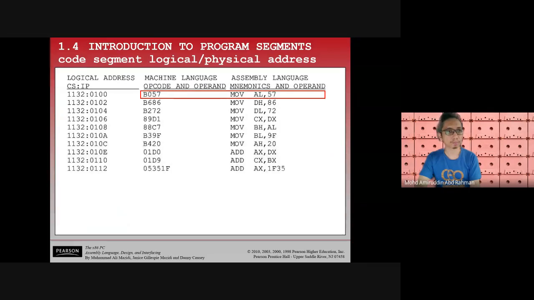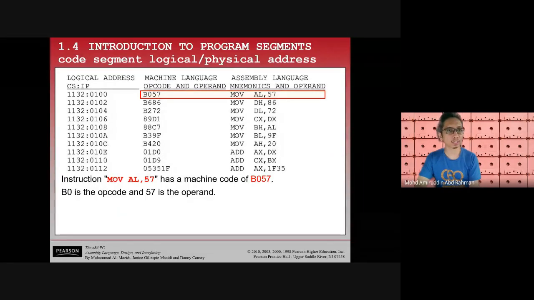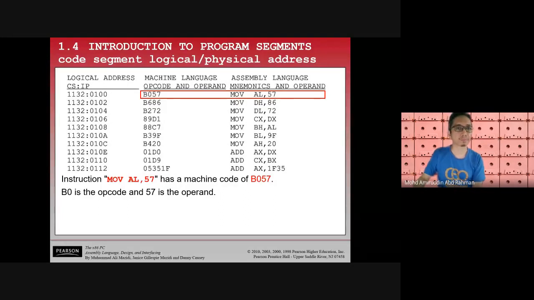So that is the process of how the instructions are executed. For example here, we have the logical address at this location, 1132:0100. We have the machine language of opcode and operand as B057.